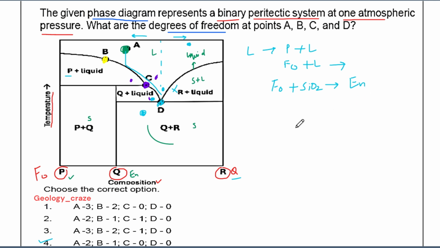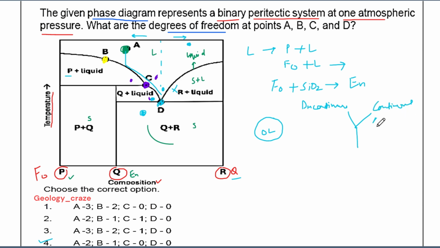Now suppose this is our olivine grain. It is not a continuous reaction, it is a discontinuous reaction, in the Bowen reaction series. This side is discontinuous, and this side is continuous.